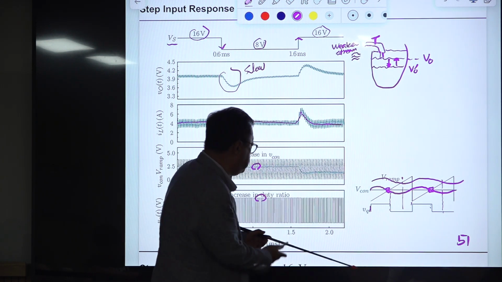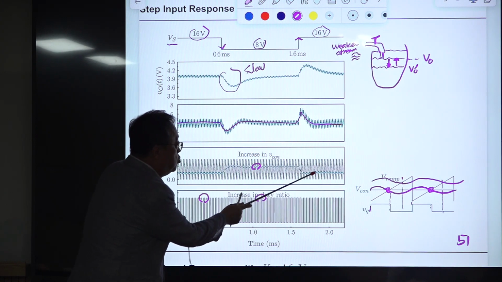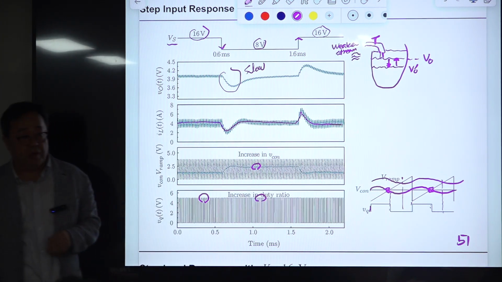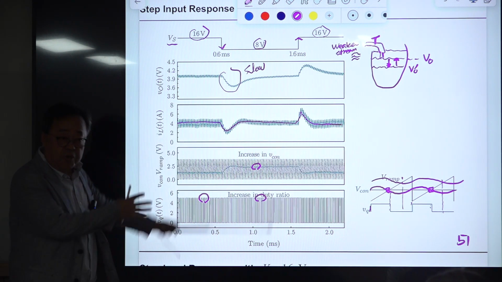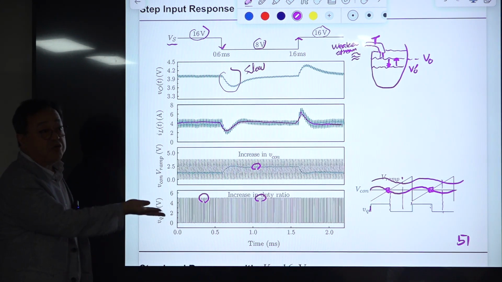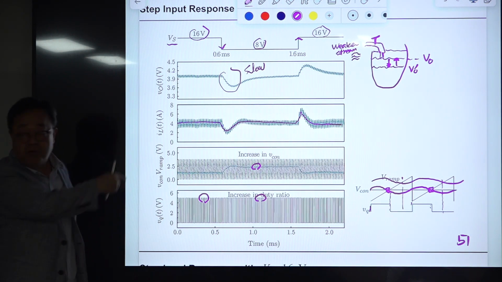Okay, reduce this duty ratio by reducing this control voltage V code. This is the basic mechanism of achieving line regulation, and this is relatively slow, but this is the almost optimal response for the given parameters, power stage components.